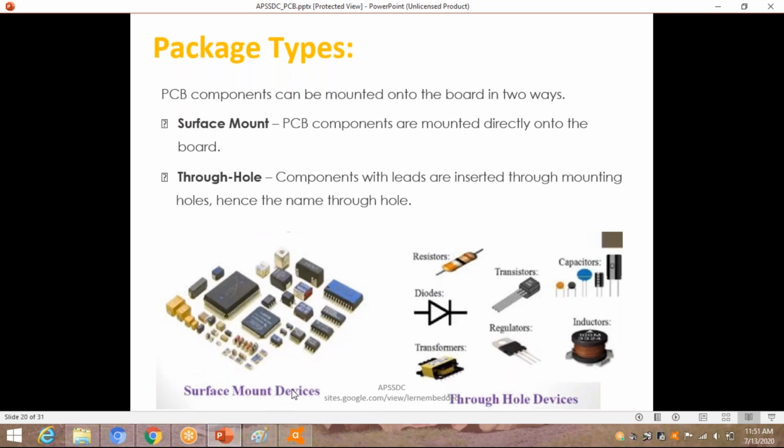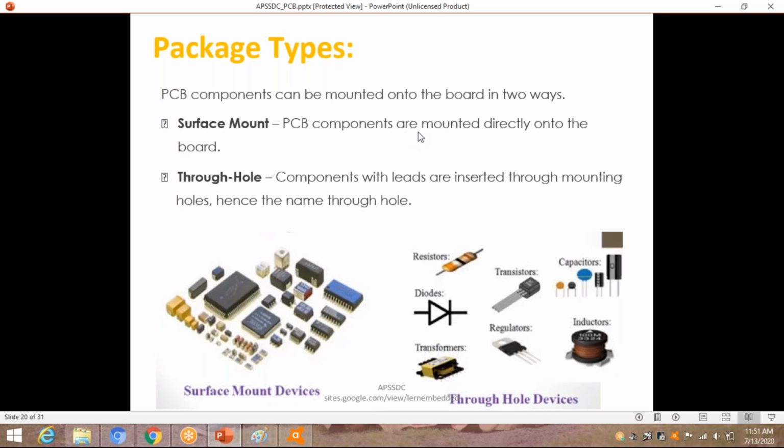These are the advanced technologies. All of these components, either resistors, capacitors, will be designed in this style only. Is it clear, guys?